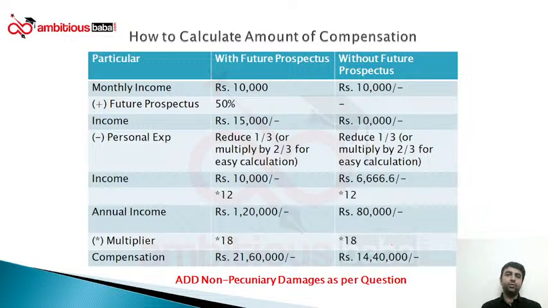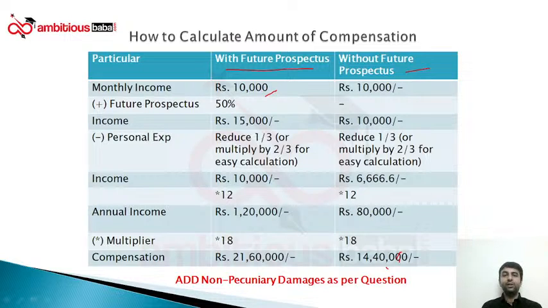Now let us understand how the compensation is calculated. We are taking an example of a person whose income is 10,000 rupees. We are doing it by both methods, with future prospects and without future prospects. Let us do it first with future prospects, considering a monthly income of 10,000 rupees.